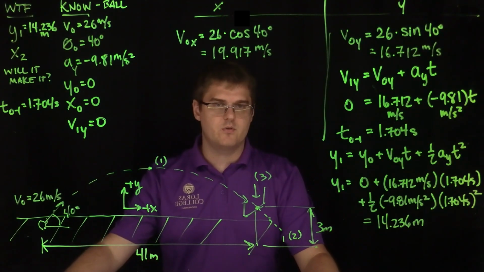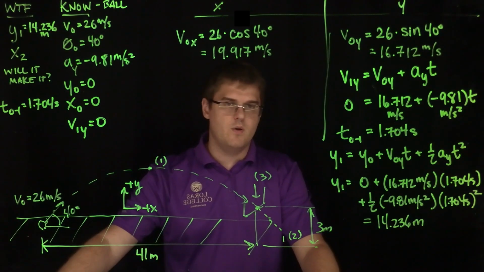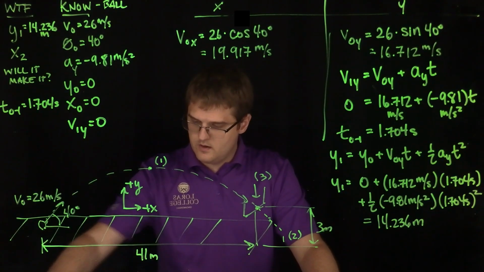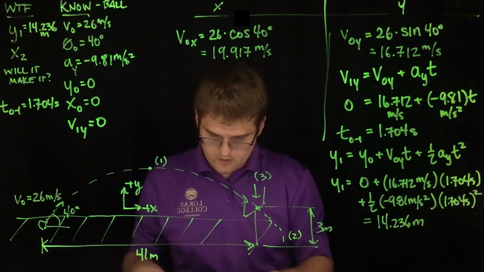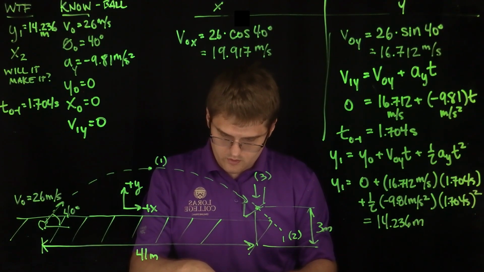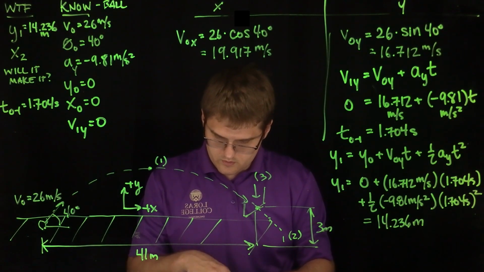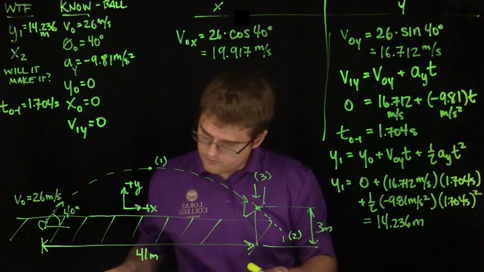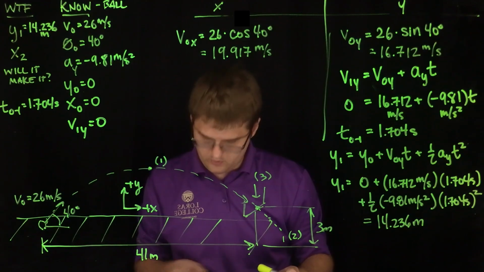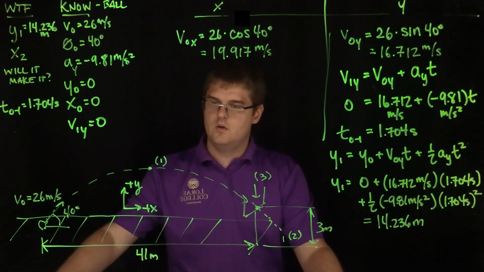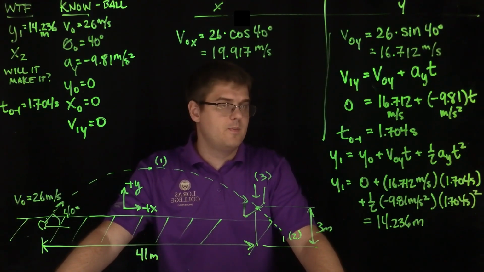I think I misread the question there. I've got to go 41 meters. That's the important thing. And on the question, I have 41 meters. Okay. We are all set there.